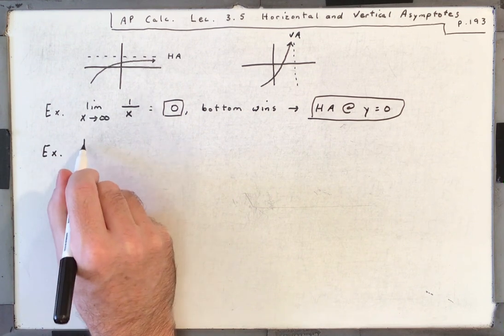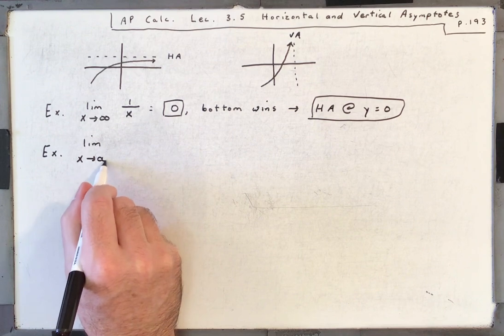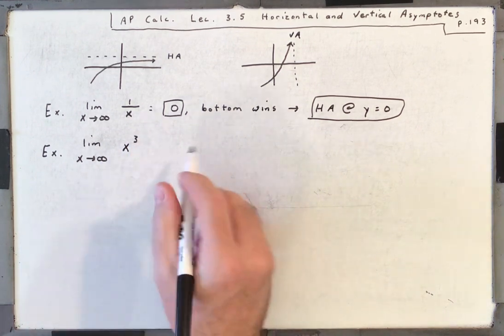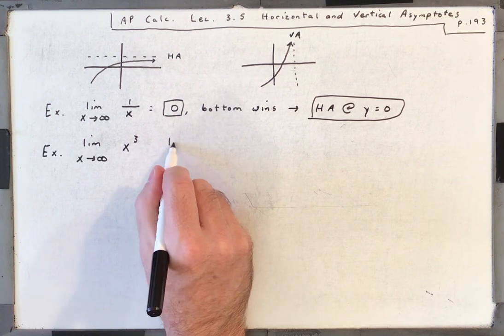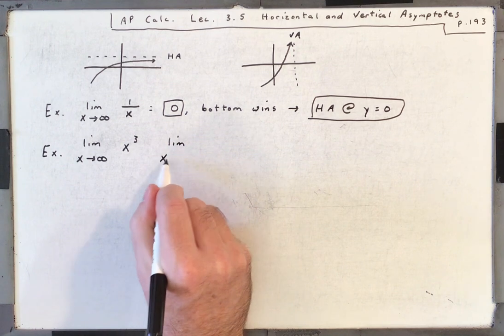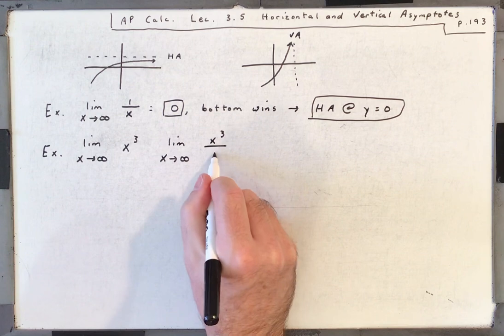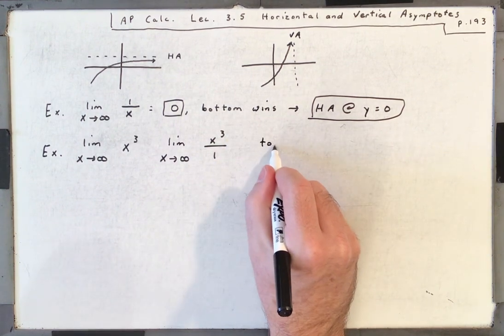All right, let's look at the limit as x approaches infinity of x cubed. That's just the same as x cubed over 1. The highest power is on top, so the top wins.